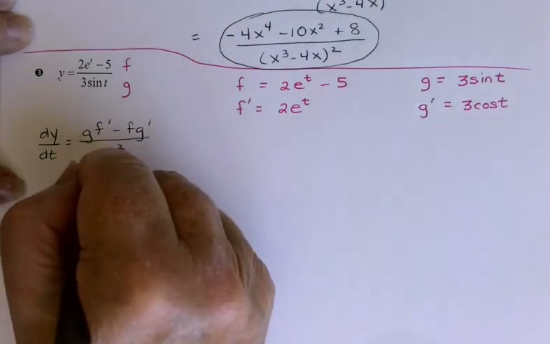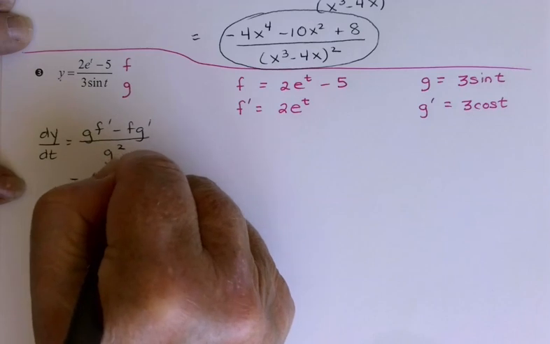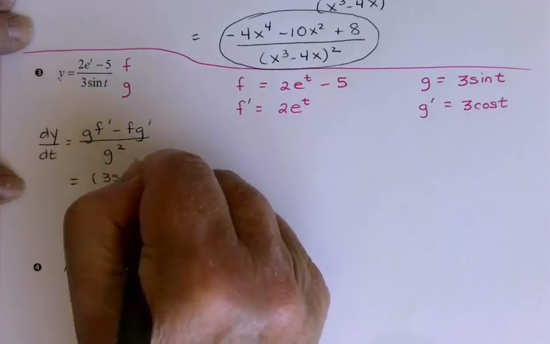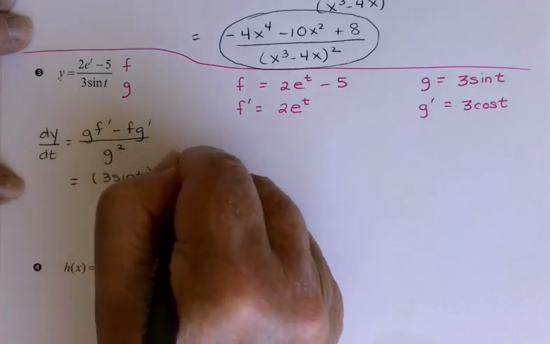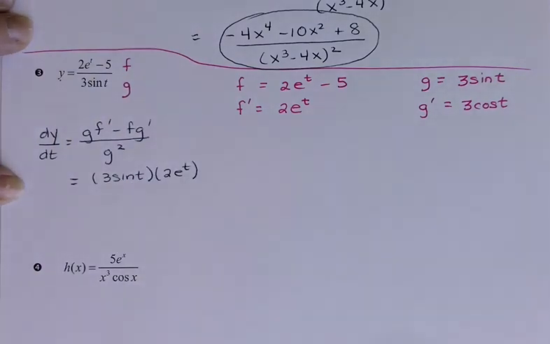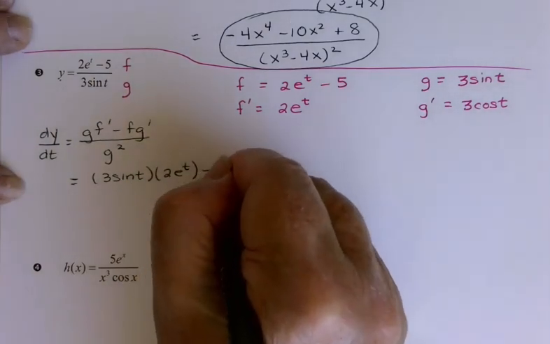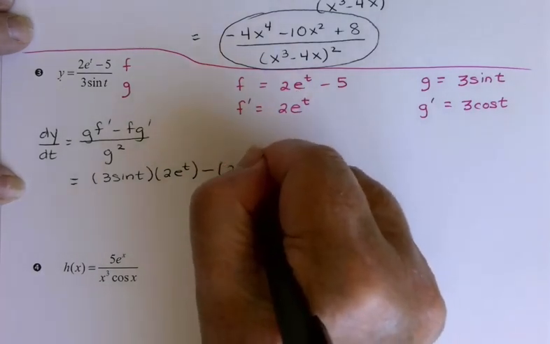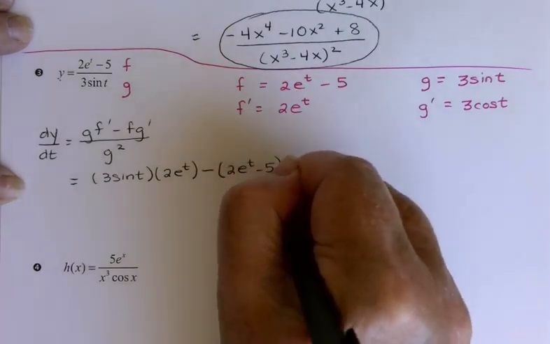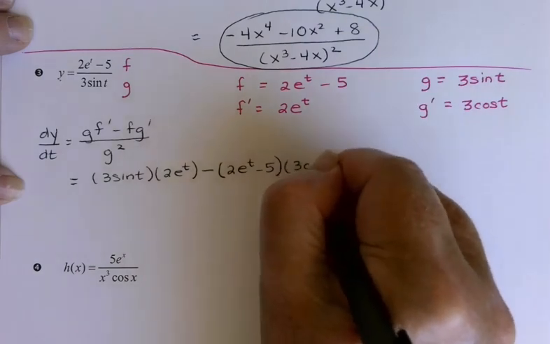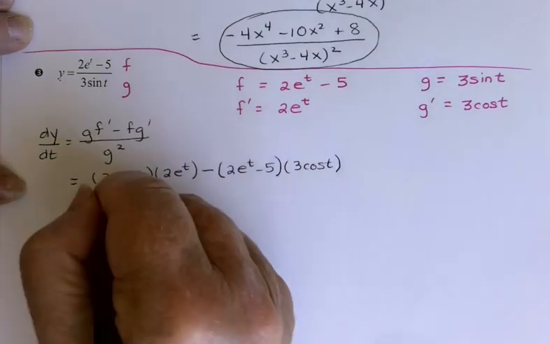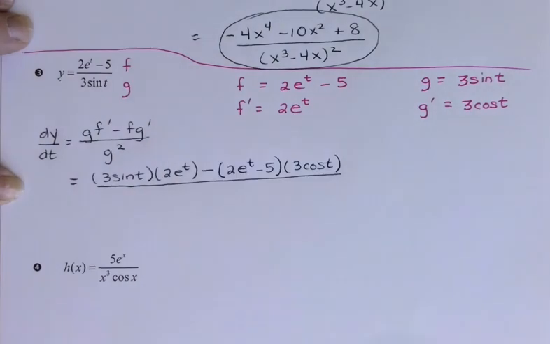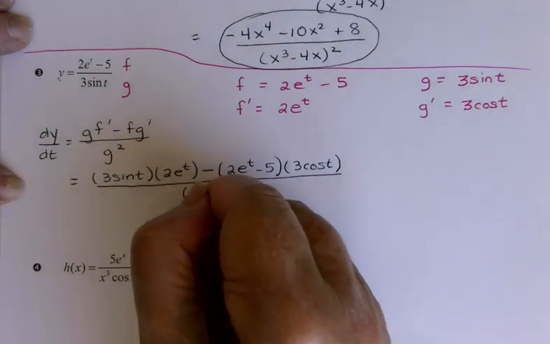So plugging everything in, 3 sine t times 2e to the t for the gf prime. Subtract the f times the g prime over g squared.